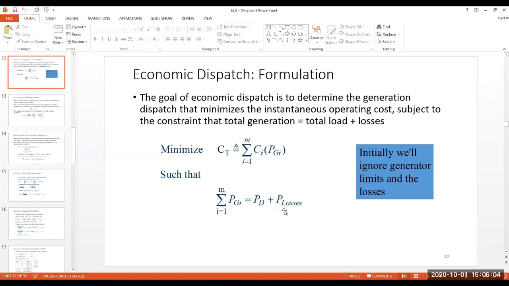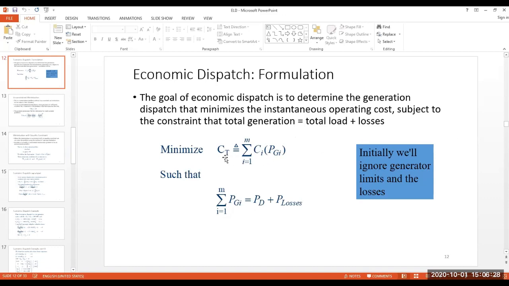If you recall, to begin with, we are ignoring any losses as well as the generation limits. So we are only left with the summation of all the generations equal to demand, and keeping this constraint in mind, we have to look for a minimum cost solution. This was the target.